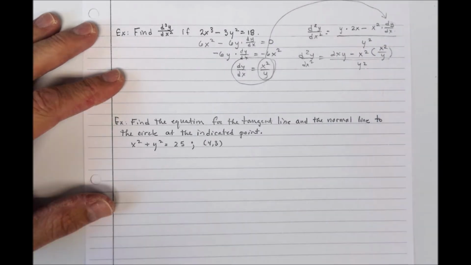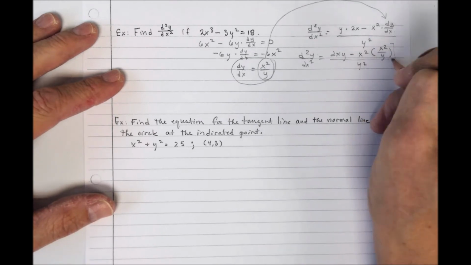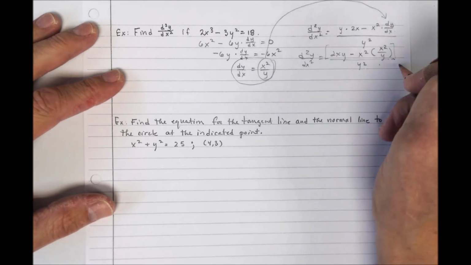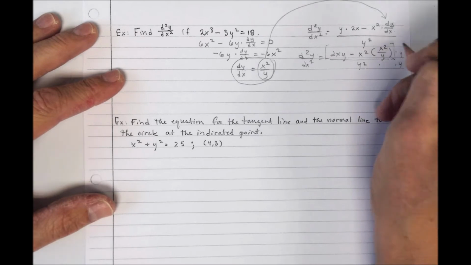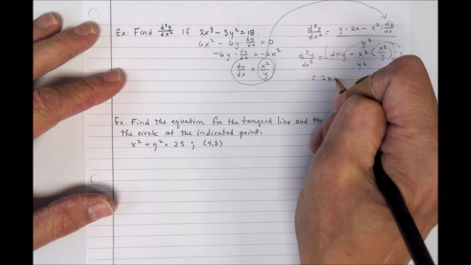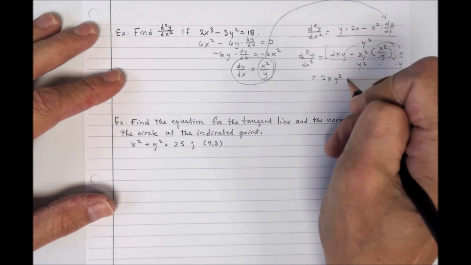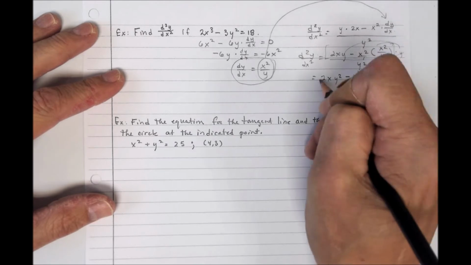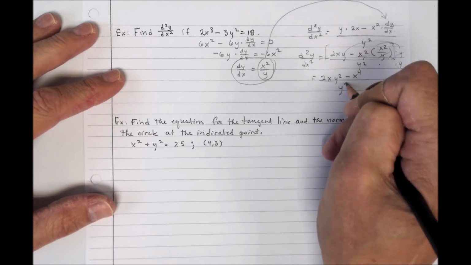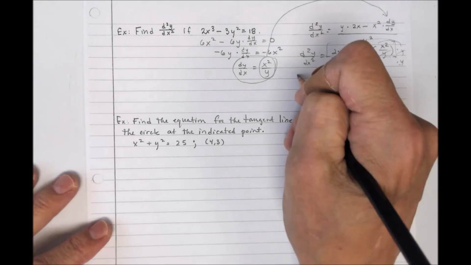Now I'm not too crazy about having this y here, so I'll multiply top and bottom by y, and I get 2xy squared. The y's cancel here, so it's going to give me minus x to the fourth all over y to the third.